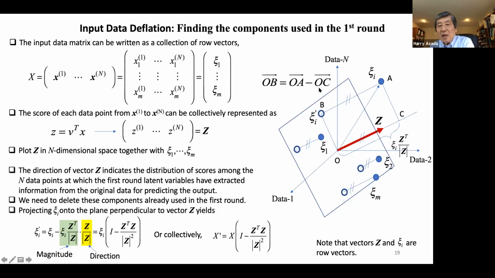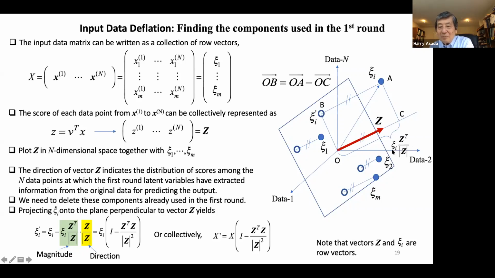Now OC, we know the direction is determined by Z, but let's take the unit vector, this guy divided by its own magnitude. So this becomes a unit vector, and then we'd like to project this vector onto this by taking the inner product. So Ci and then this unit vector.